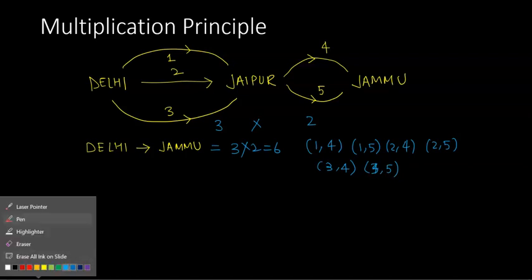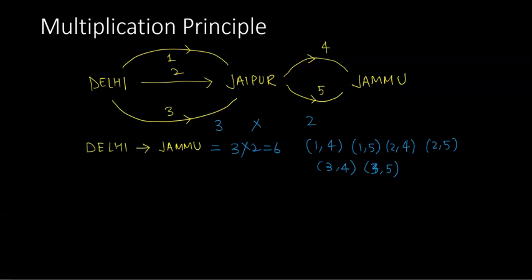So where are we leading from this entire concept? If there is a bigger work which can be broken down into several parts, from A, and then B, and then C, and then D, and so on, up to Y and another point Z. Any particular work can be broken down into several pieces, and from A to B you can finish this work in, let me make a general notation, x1 different ways.